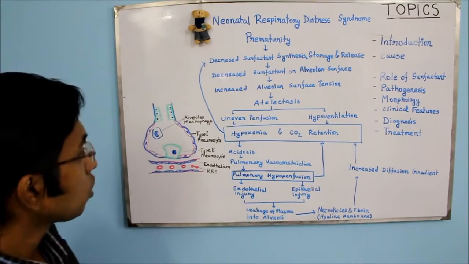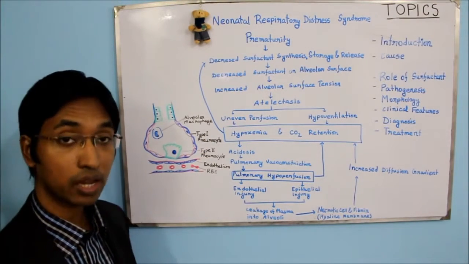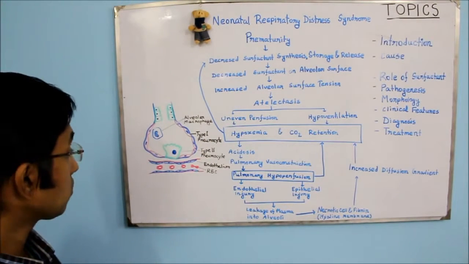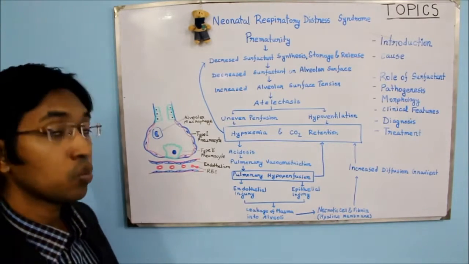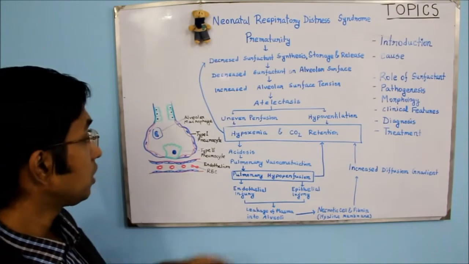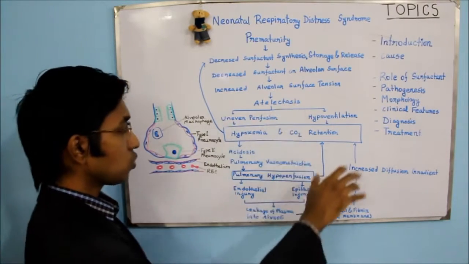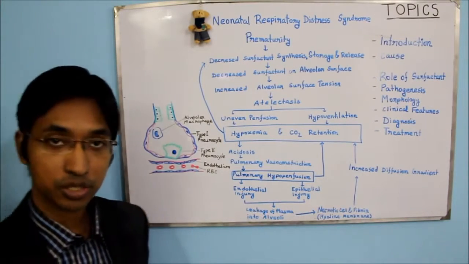Okay, so what will happen next? Since now the alveoli of the lungs are collapsed, there will be a problem with ventilation, and also there will be uneven perfusion, and all these things will result in two conditions.